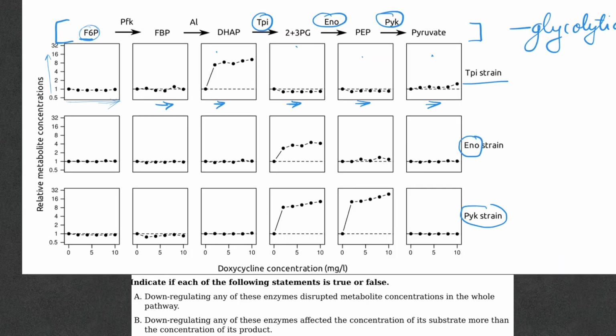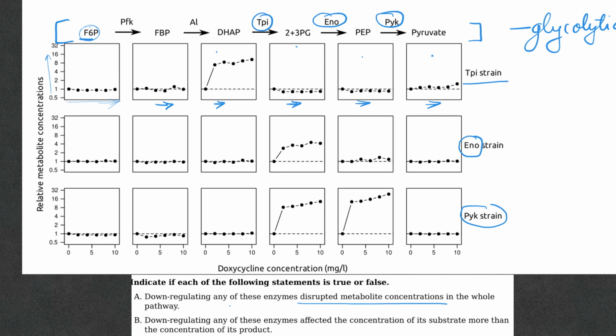Now let's try to read each of these statements and try to understand and answer them. Okay. First, down-regulating any of these enzymes disrupted metabolite concentration in the whole pathway. In the whole pathway. That means all the concentrations have been changed.